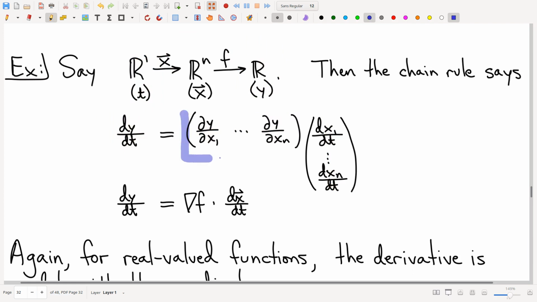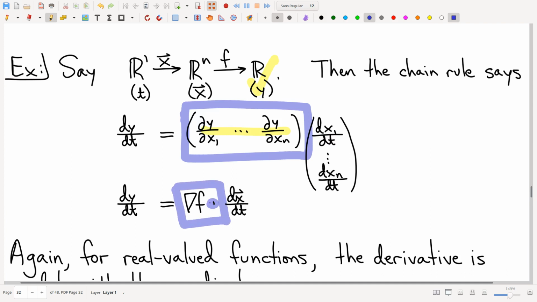Keep in mind this is a derivative matrix. This up here says matrix vector multiplication times this velocity vector. But when you have a single row, as we do in this case, one output variable, one row, matrix vector multiplication is effectively a vector dot product.